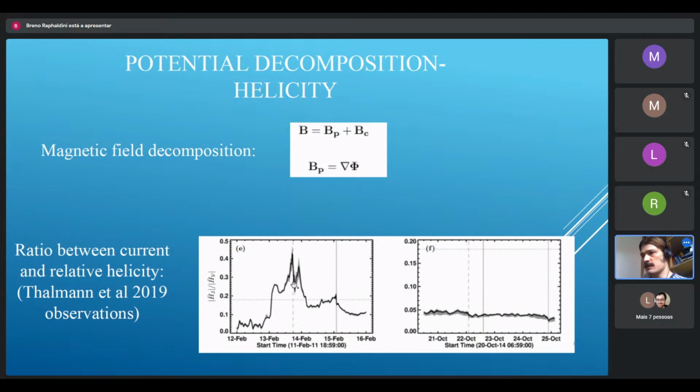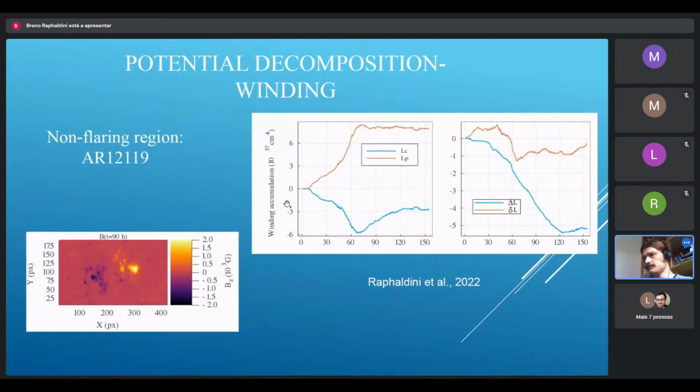For instance, here for a particular active region, where this is an M-class flare and this is an X-class flare, and then they compared it with another one without any intense flares, and this quantity doesn't go above the threshold.